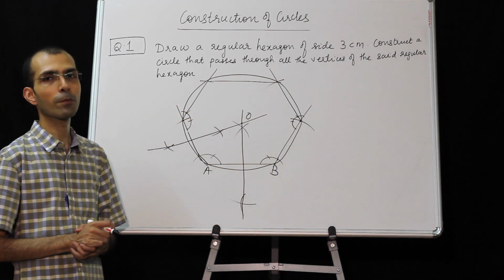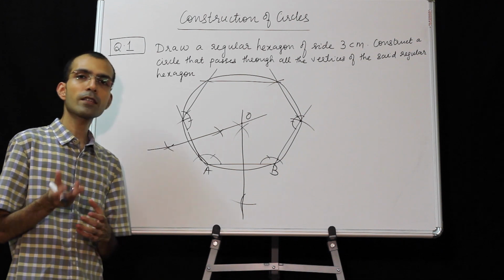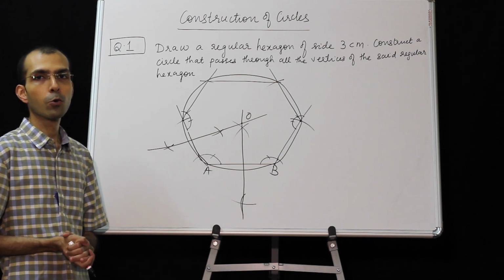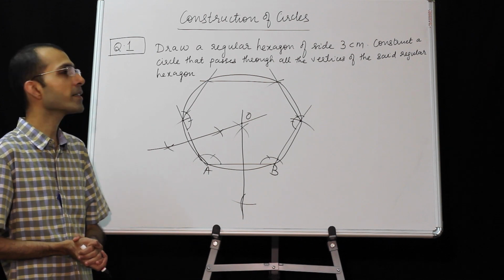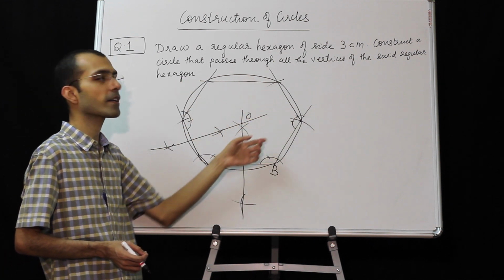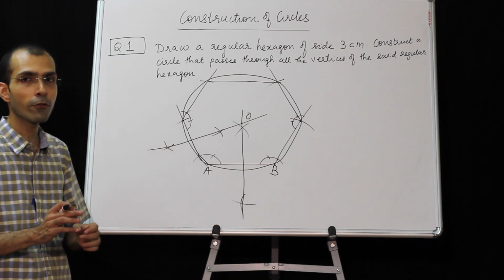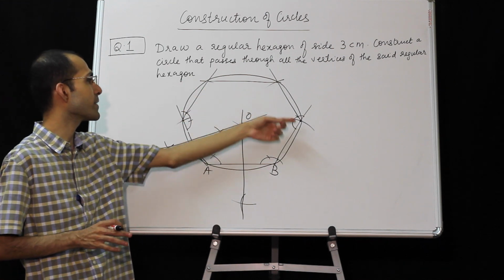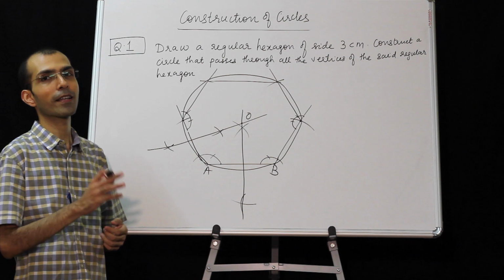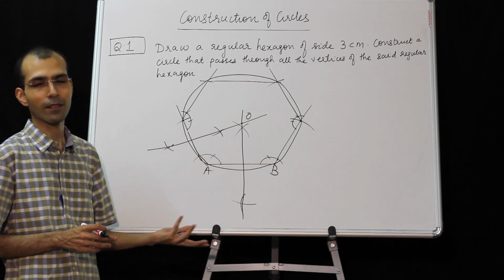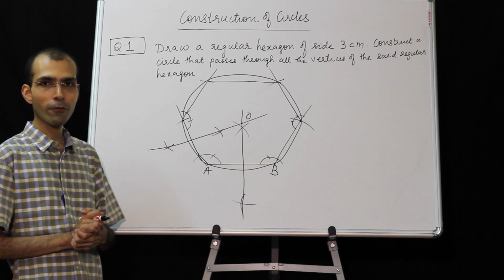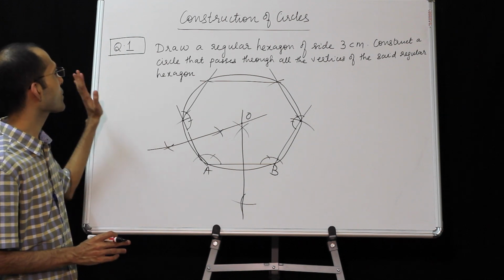Another way of framing would be construct a circle whose center is equidistant from all the vertices of the regular hexagon. This also points towards the circumcircle. So anyway, the question could be framed. So we have finished question 1.